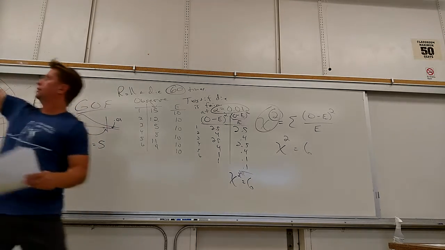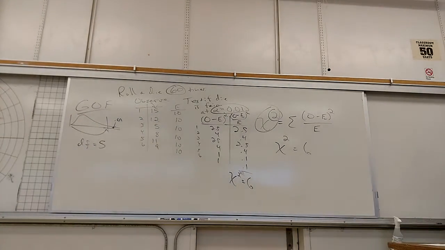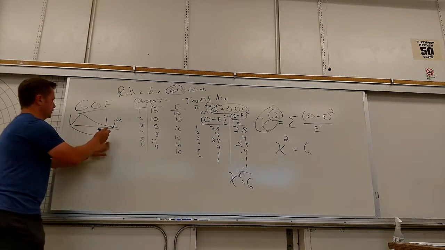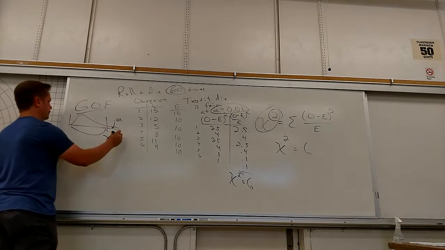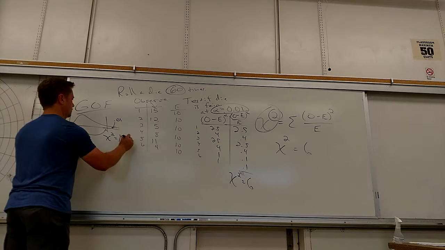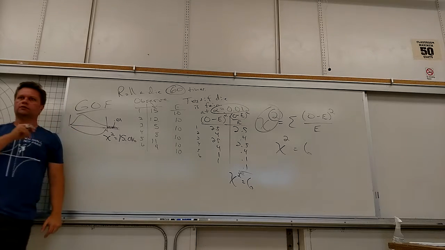That's 15.086. That's what they call the critical chi-square. That's like the rejection region. So to show evidence, my chi-square has to be greater than 15.086. That's where the rejection region is.